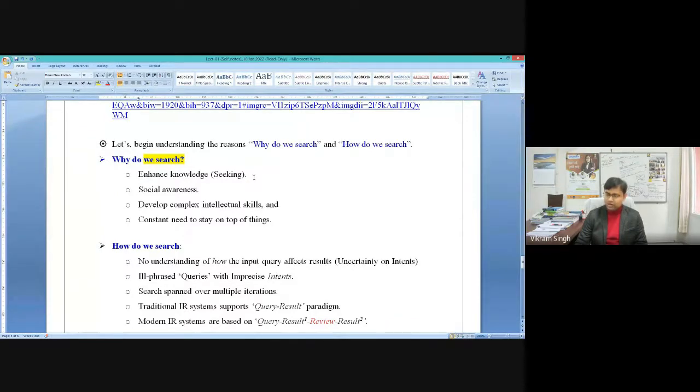In some cases it is called seeking. This seeking captures something beyond search: search plus learning is called seeking, and it has a different purpose, right?